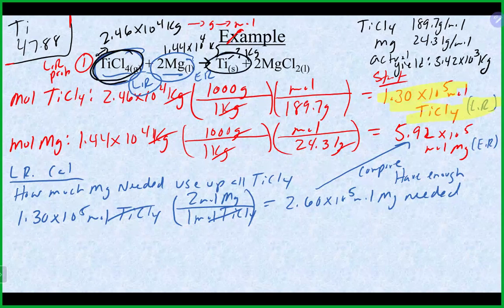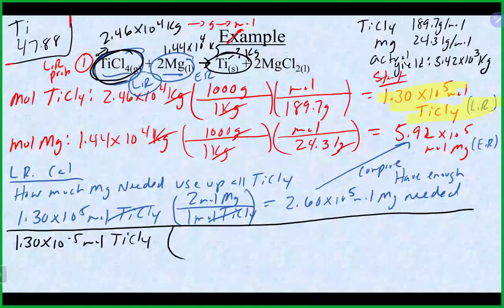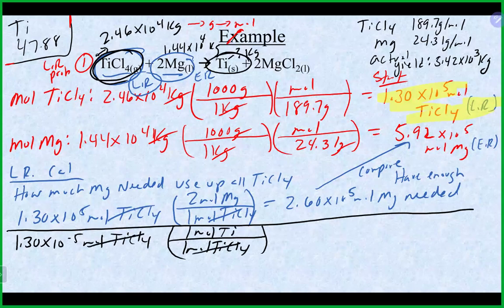So to do that, we will take our starting moles of our limiting reagent, 1.3 times 10 to the 5 moles. We will now do the mole-to-mole relationship from the equation, and that is 1 mole of TiCl4 gets me 1 mole of Ti. Once again, you could get an answer at this point, but I'm just going to continue on with the calculation.